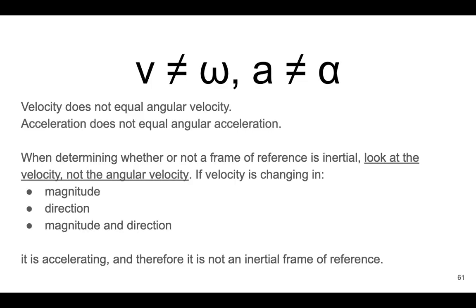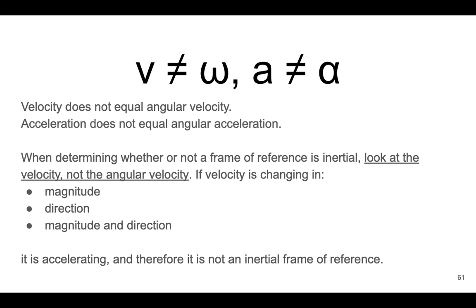Another thing to point out, velocity does not equal angular velocity, and acceleration does not equal angular acceleration. These guys are cousins, but they're not the same thing. So when you're trying to figure out this inertial and non-inertial thing, you want to look at the velocity and see if the velocity is changing. You don't look at the angular velocity, because that's not what does this.